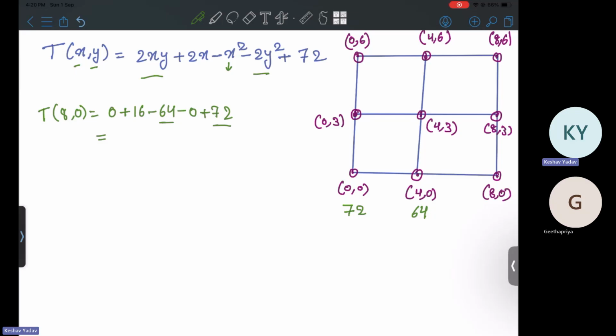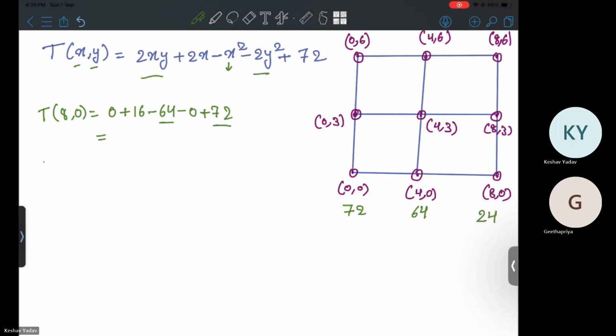What will the value? 96, I guess. 72 plus 16 minus 64. That will be what? That will be 24. Okay, this will be what? 24, right? If I am making any calculation mistake, please let me know.